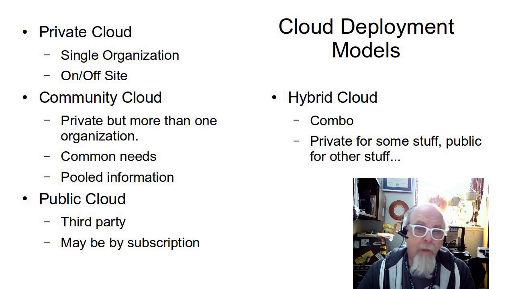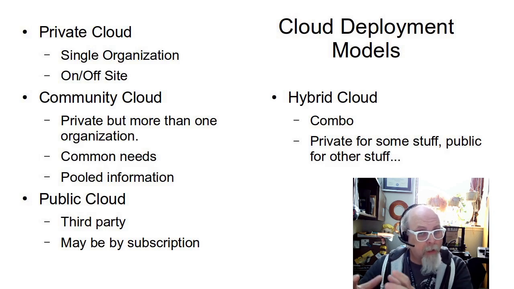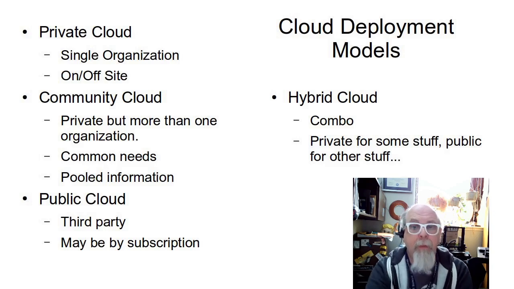The great thing about a private cloud is you have complete control over it. It's yours. You secure it as much as you want, or limit the access to it. So if you have some very sensitive corporate data, you may want to build your own little cloud server, prop it up, and put your database, put your data on it.